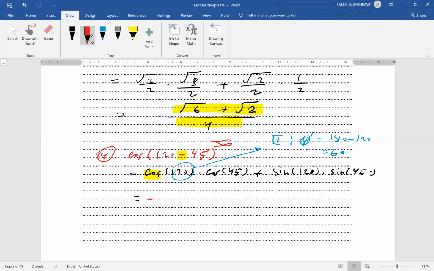So this is minus cosine 60 multiplied by cosine 45 plus sine. Sine in the second quadrant is positive, so there will be no change in the sign of this function. So it will be plus sine of 60 multiplied by sine 45.